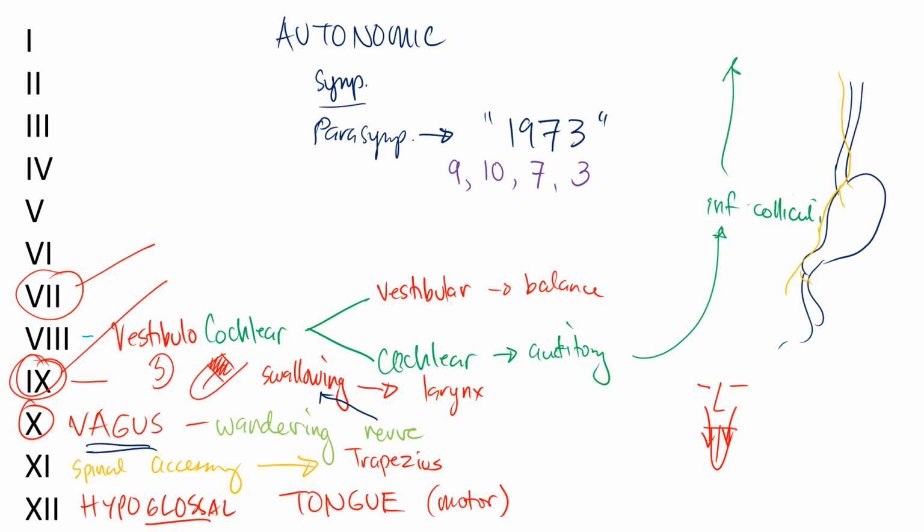So if you say, stick out your tongue straight, and he can only point it to one side, what you have is a strong hypoglossal on one side and a weak hypoglossal innervation on the other side. That's why your tongue points to the side that is weak.